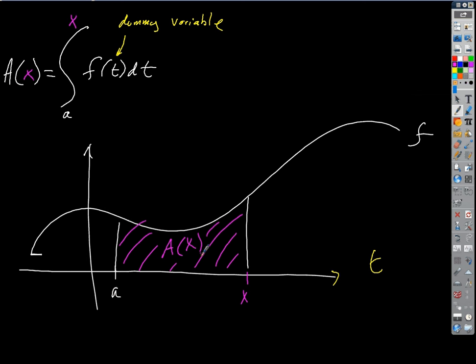But what if I want to know at what rate that is changing? What is the derivative with respect to x of A of x? Think about that for a second.